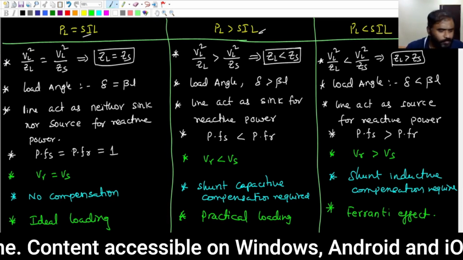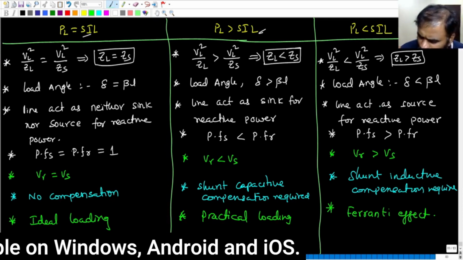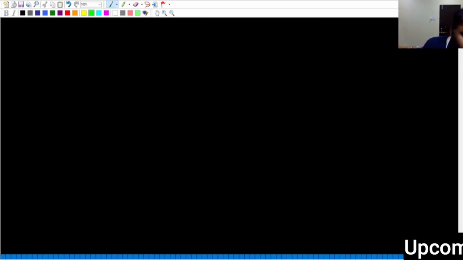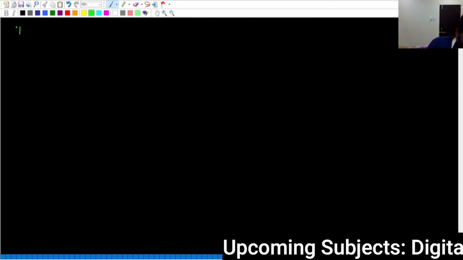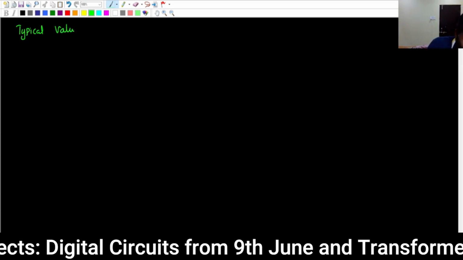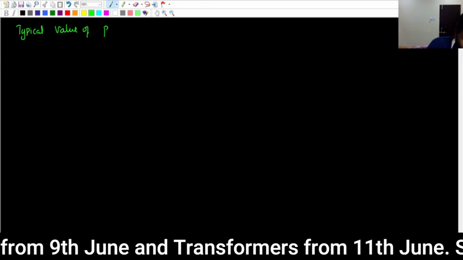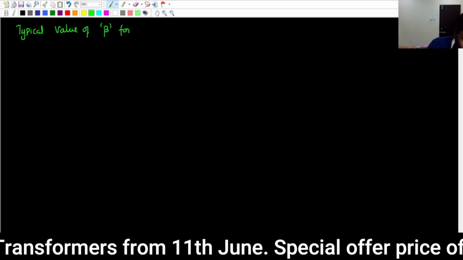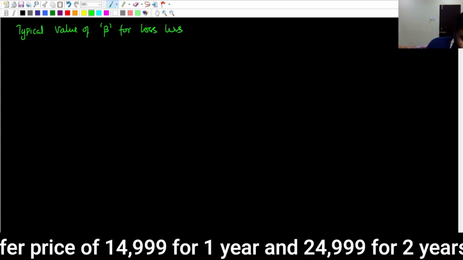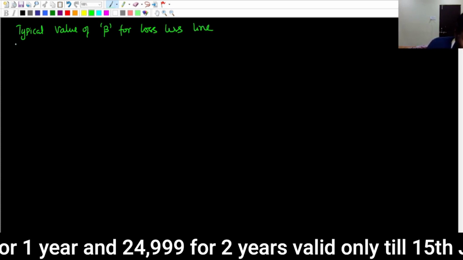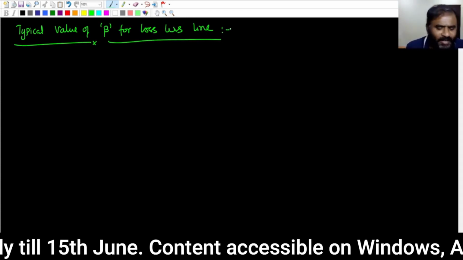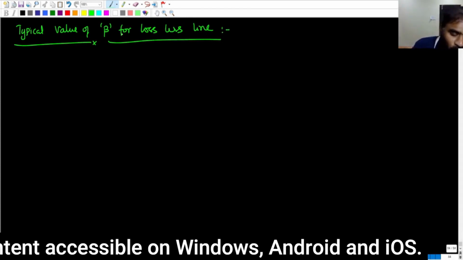Yeah. Now let's see what is the typical value of beta for lossless line. So if inductance and capacitance is given, you can directly take the value, but if it is not given, we have to go with these values.